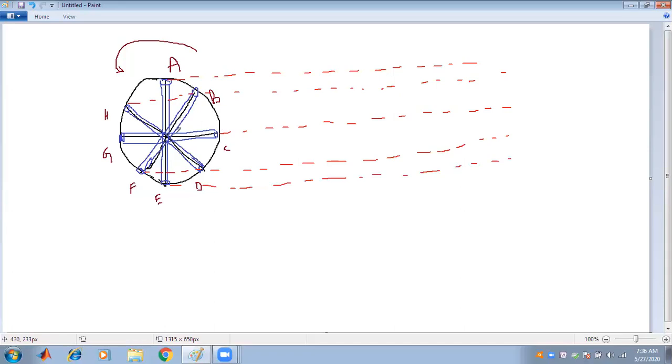If this is the origin and this is the C point, that is the C point. And again it is rotating in that direction. So this is the B point. The same distance will be maintained, and this is the reflection of the B point.